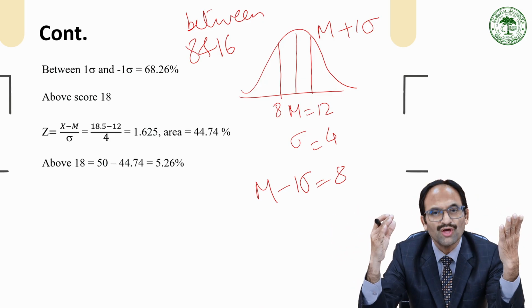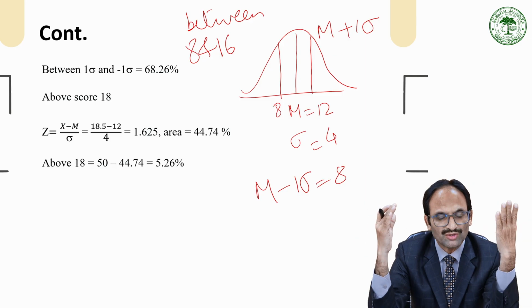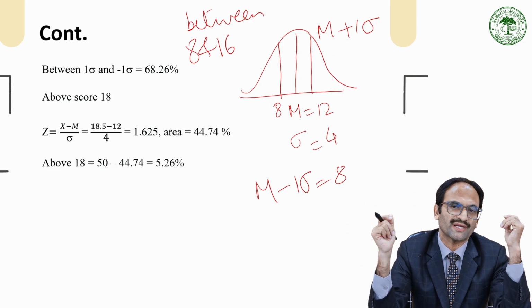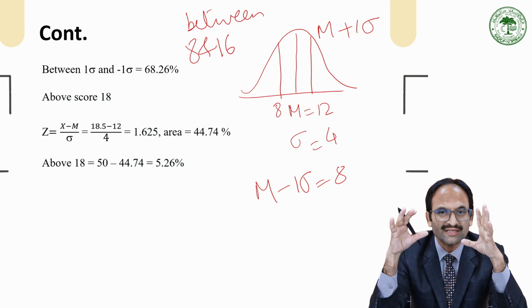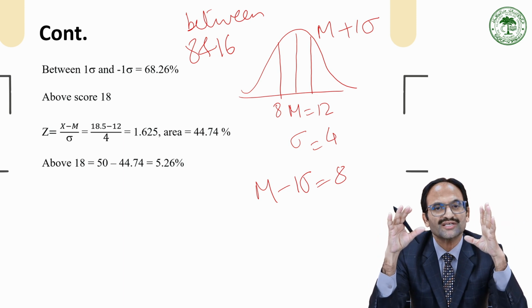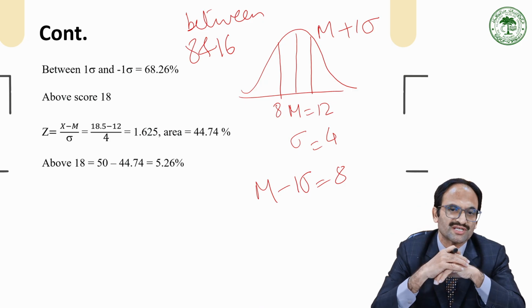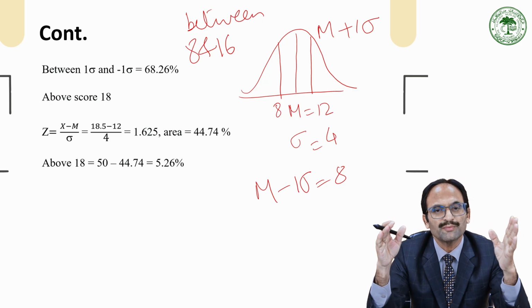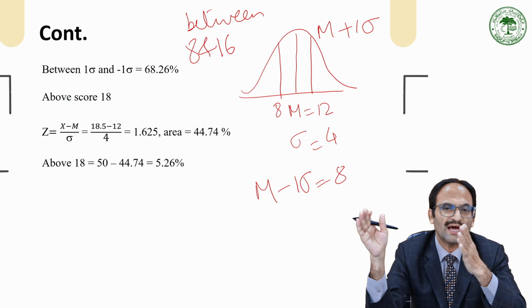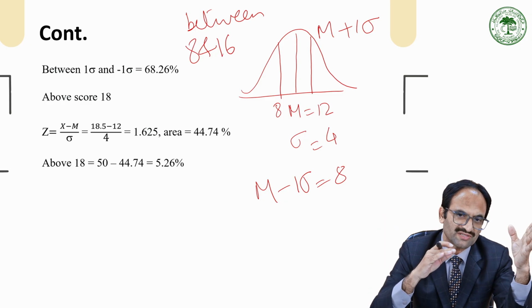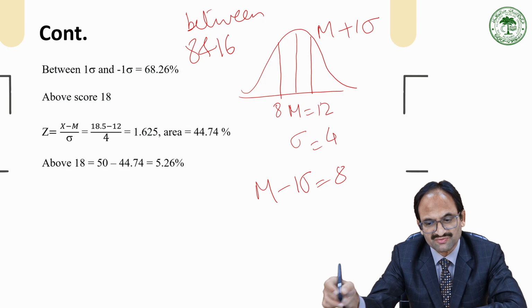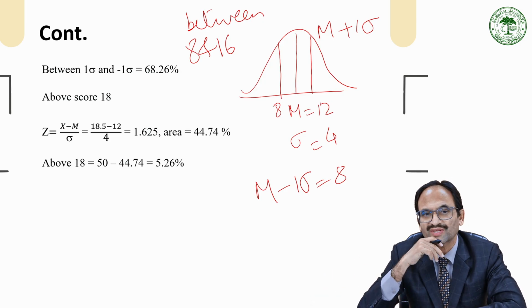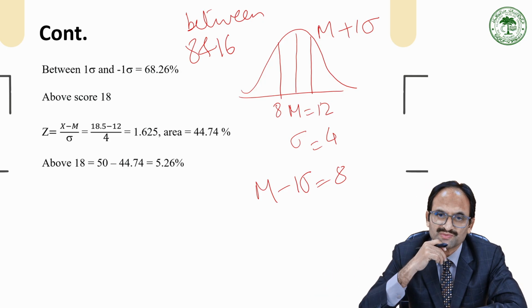And remember, when we taught you about the characteristics of the normal probability curve, we told you that the area under the curve is 68.26% between mean plus 1 sigma and mean minus 1 sigma. That is, the percentage of cases that lie from mean plus 1 sigma to mean minus 1 sigma is 68.26%.